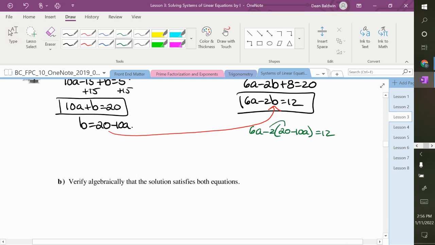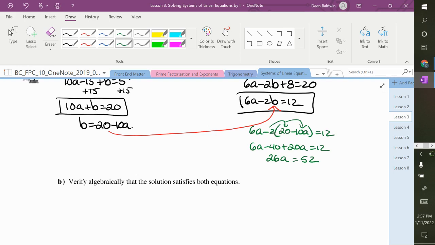And then solve for a. So I get 26a, add 40, equals 52, and then divide by 26. A is equal to 2.